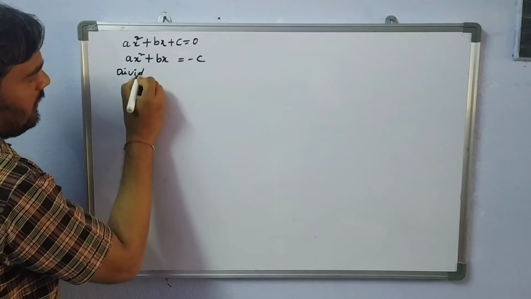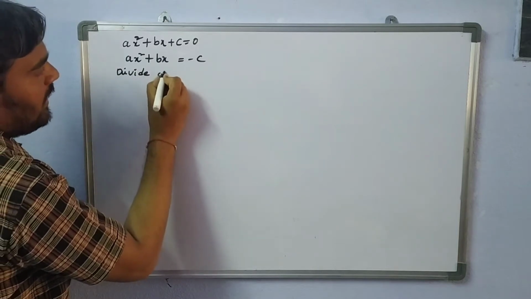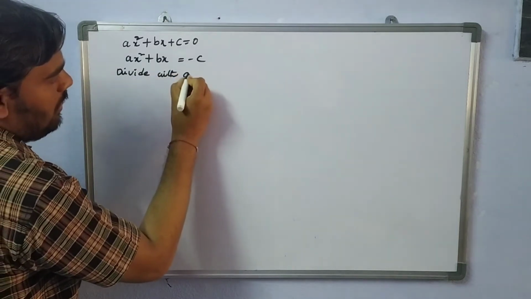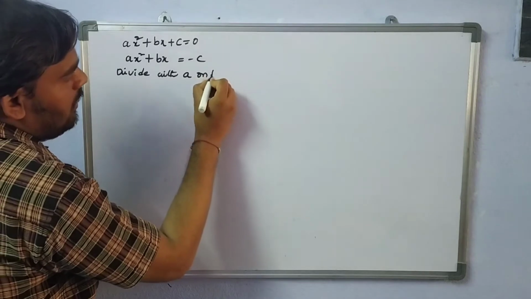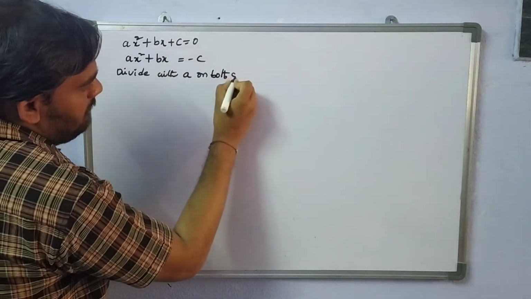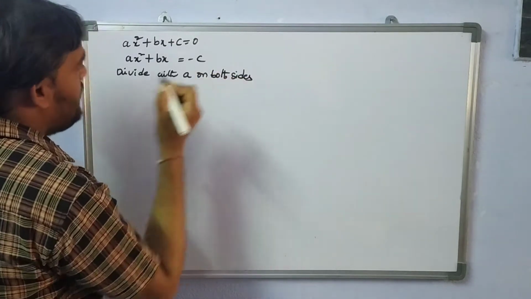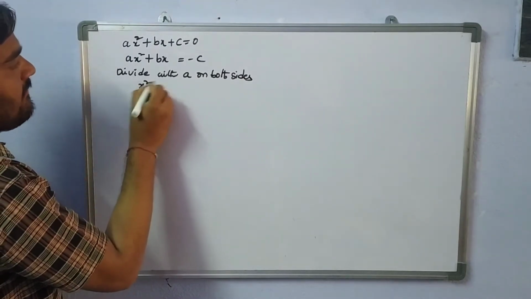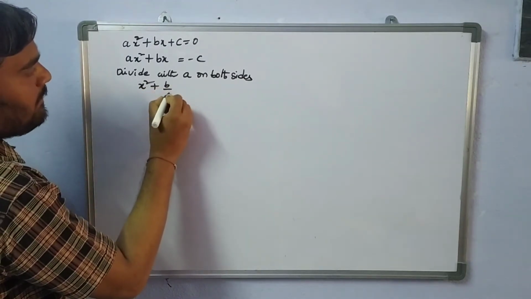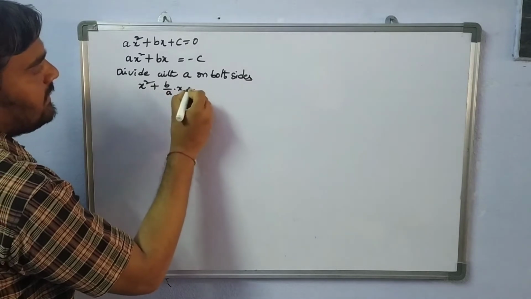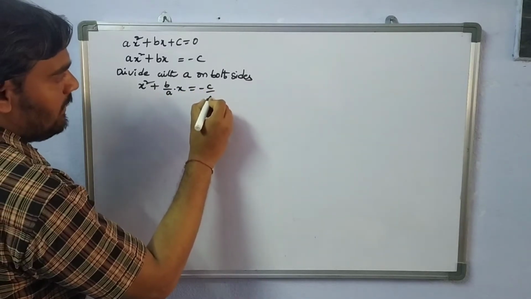Dividing with a on both sides, we will get x square plus b by a into x is equal to minus c by a.